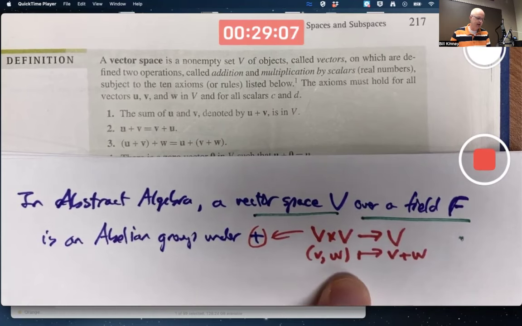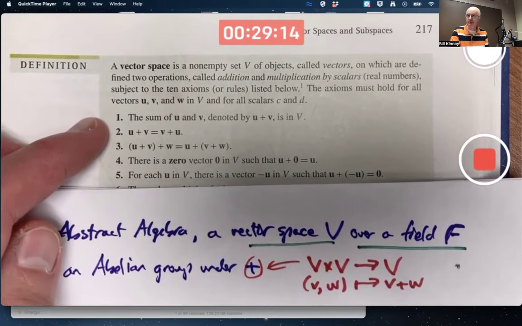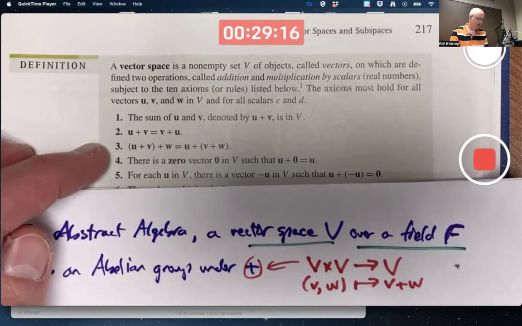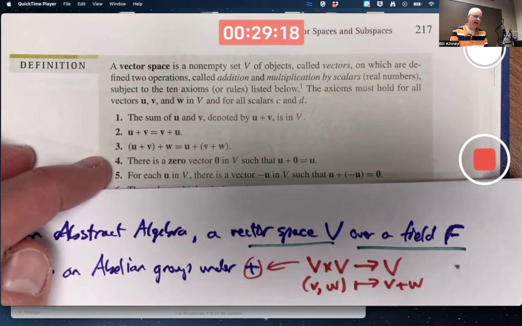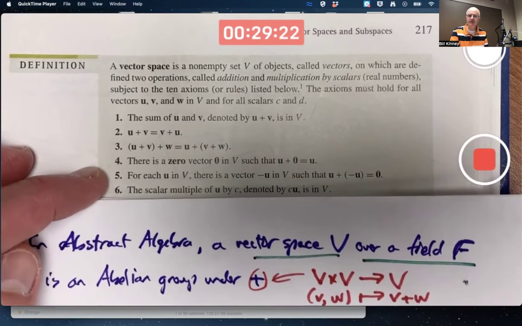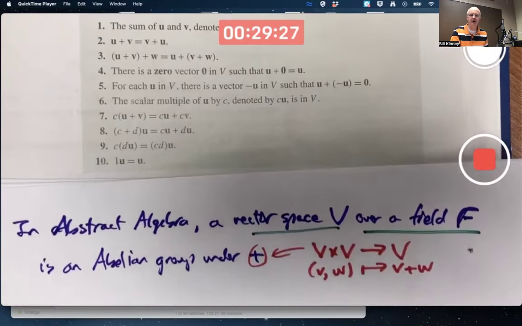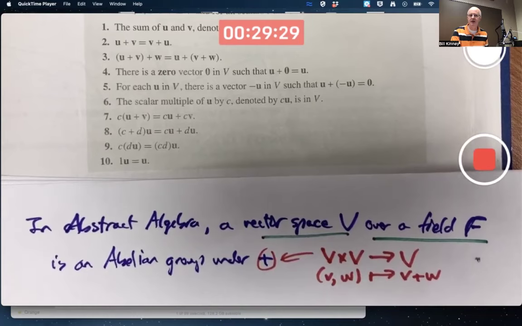Under this operation, it's closed and it's commutative. So it's an abelian group. Associative property, there's a zero element that is the additive identity, and every element has an additive inverse. And then it's tempting to say with these other properties that, oh, it's a ring also, there's a multiplication.